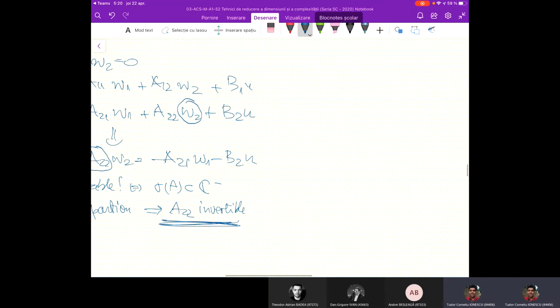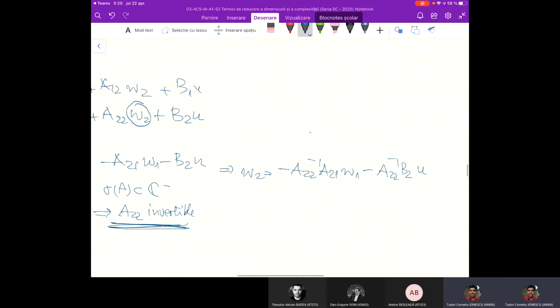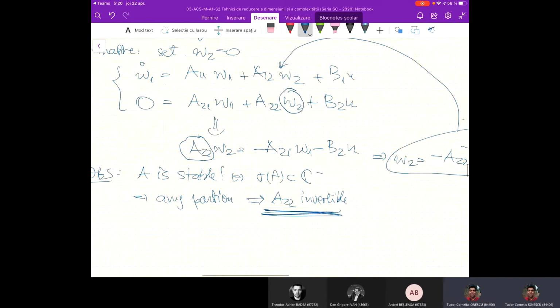So you can compute W2. W2 is minus A22 inverse A21 W1 minus A22 inverse B2 U. And then you substitute this here, okay?